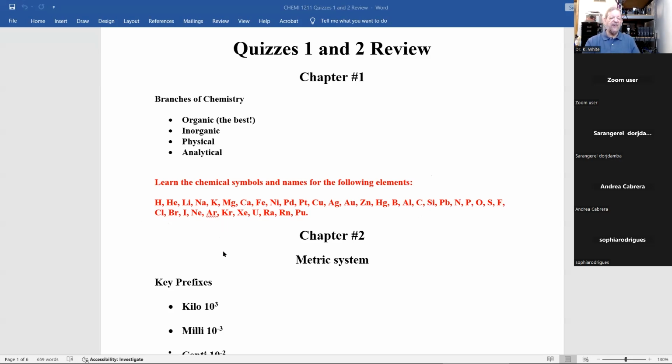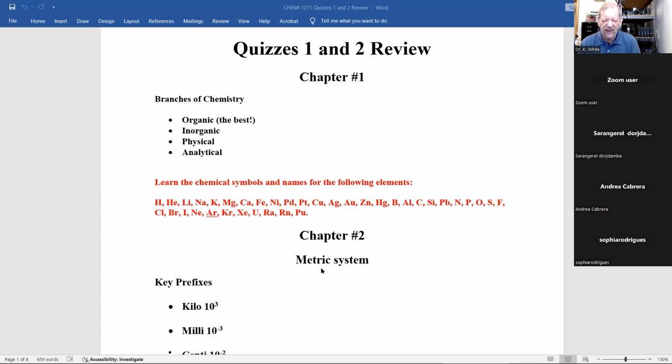On the test, if I asked you to give the chemical symbol for argon, you should put A, and the second letter is always lowercase, r, argon. If I asked, what's the name of the element with the chemical symbol Cl, you should know it's chlorine.